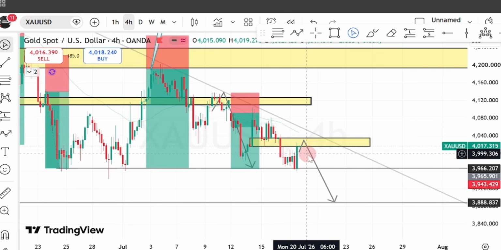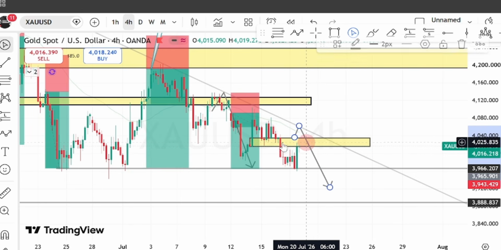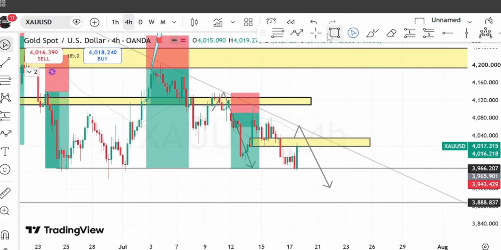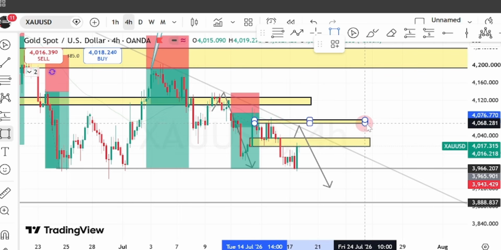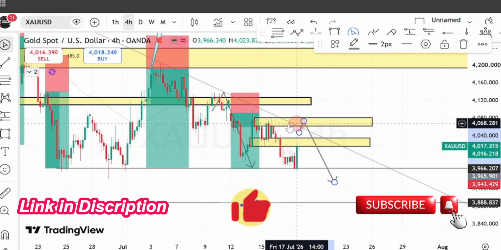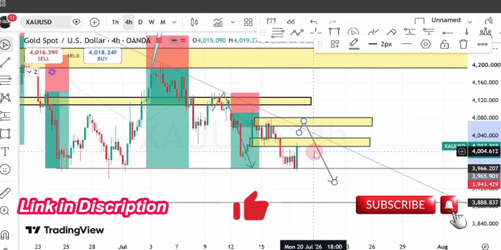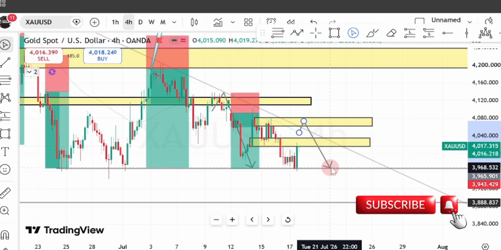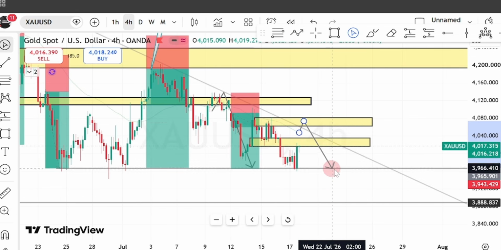Or if price goes a little bit deeper to create more like a double top, which would also match with the zones of our trend line and this resistance, we may have price pull back as deep as 4070, and then we could have that bearishness to 3968, and we can go all the way down to 3890.